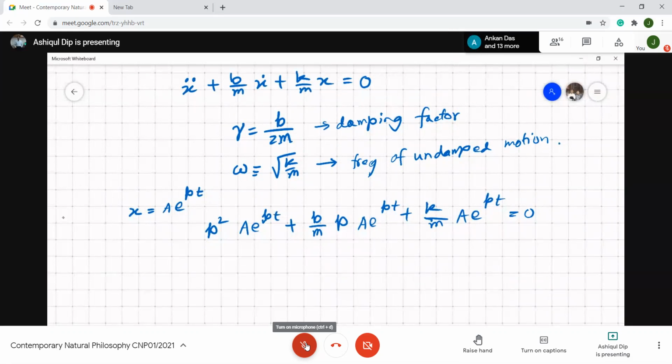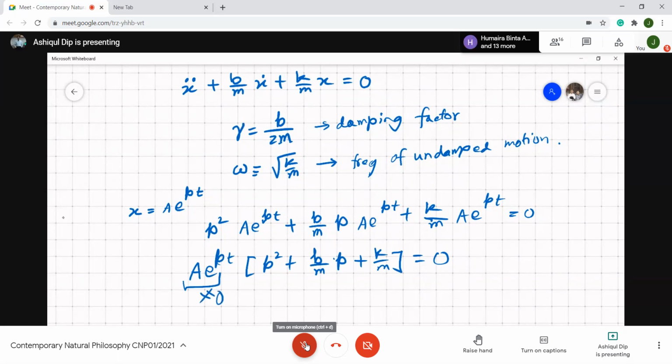So we can factor this out and we get A e to the power pt multiplied by p squared plus b by m multiplied by p plus k by m equals 0. So this thing cannot be 0, so this thing has to be 0, right?